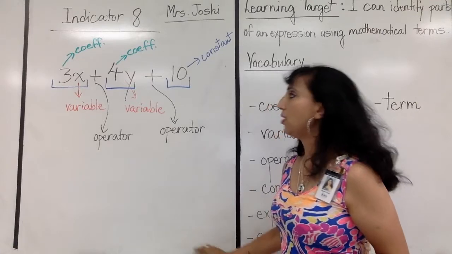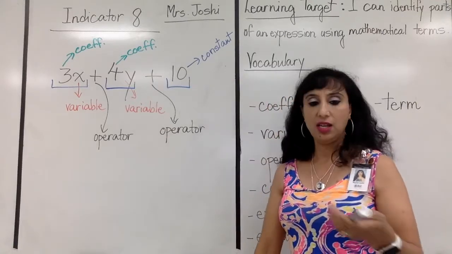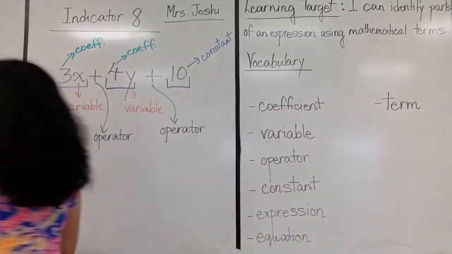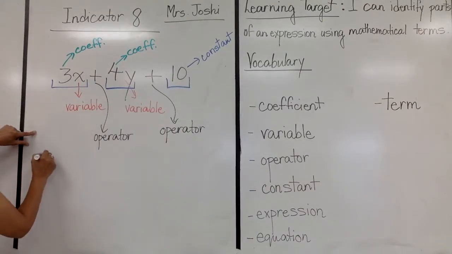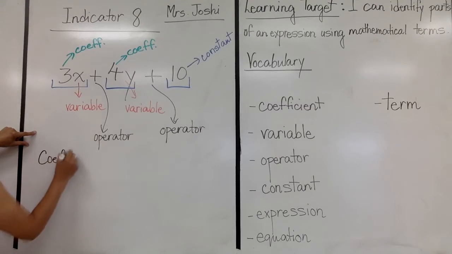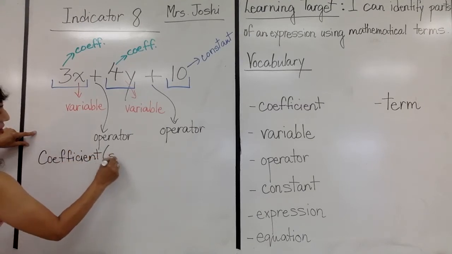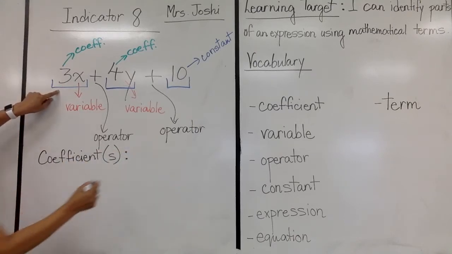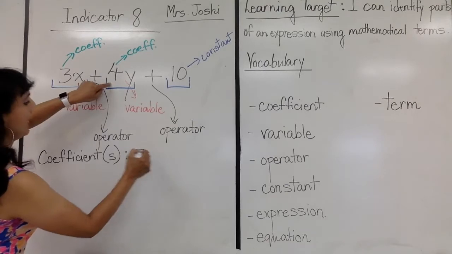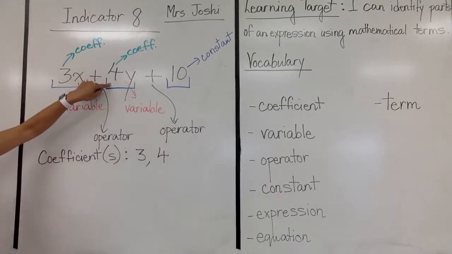So if you had to solve this on your test, or wherever you are given these problems, and you are asked what the coefficients are, you would say my coefficients are 3 and 4.